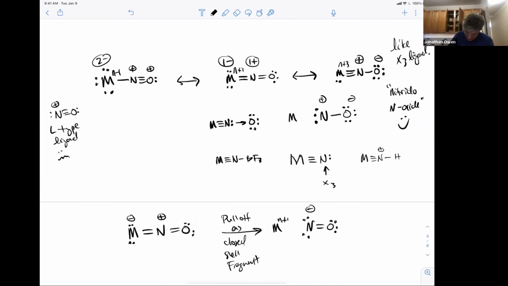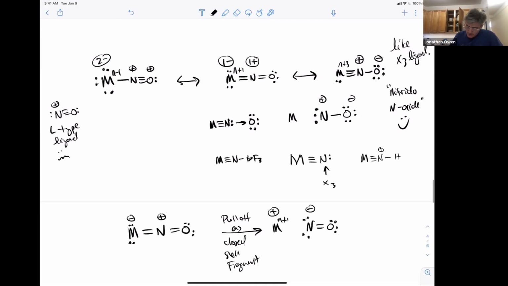Sorry, this is n+1 because this is a plus here. That's better. So if you pull that thing off as a closed shell fragment, now you have an NO minus and you have a metal plus. So that's a metal n+1. So that's sort of an easy way to do that.